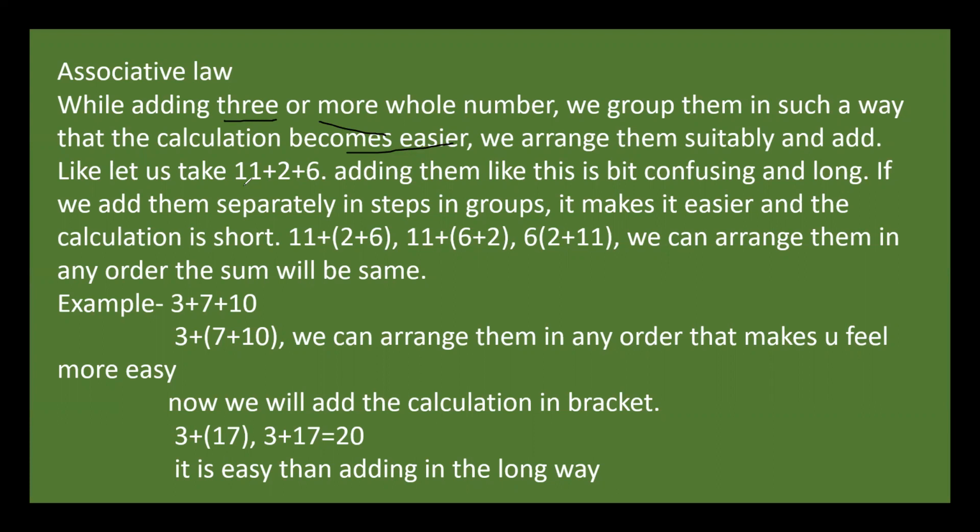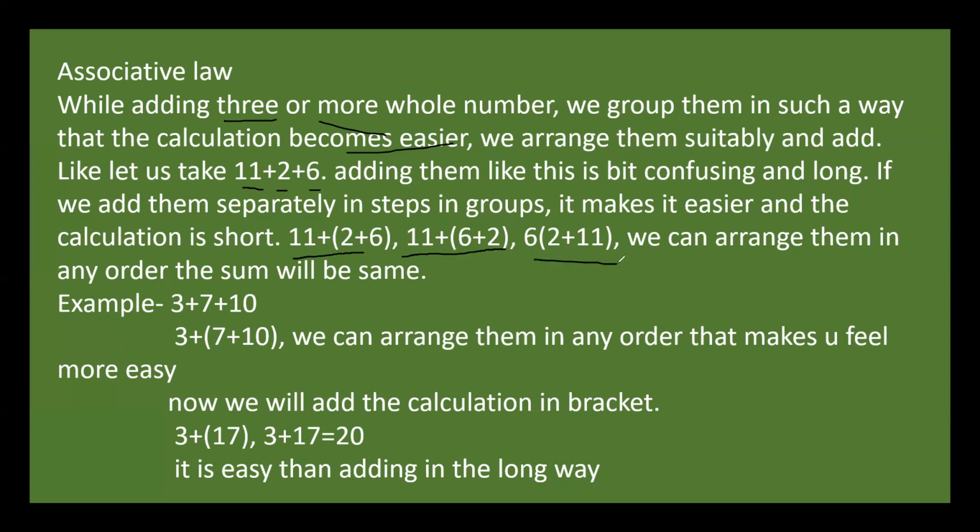So when you add 11 plus 2 plus 6 like this, first you will think what is 11 plus 2, that is 13. Then you will be thinking what is 13 plus 6. So instead of this, just do one thing. For making the calculation short, do it like this: 11 plus 2 plus 6, 11 plus 6 plus 2.